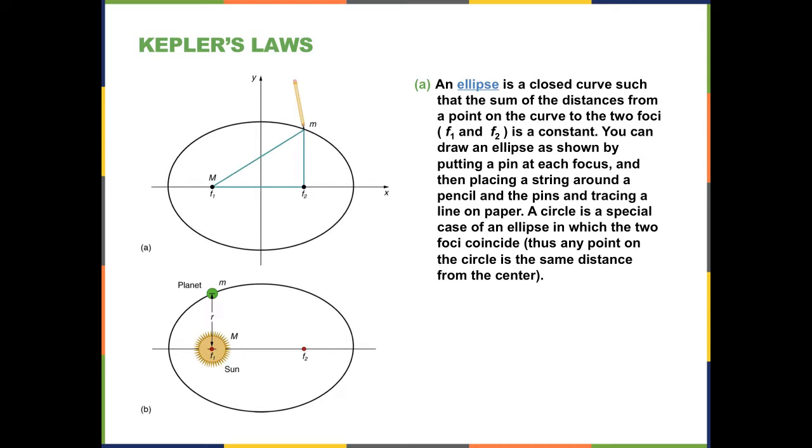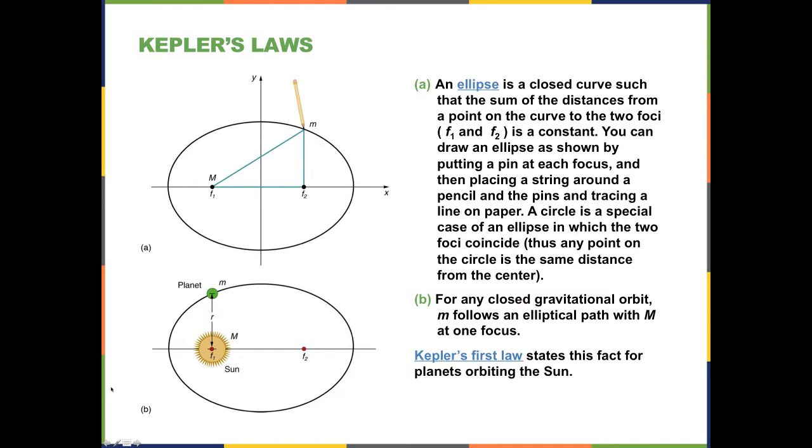So every ellipse has two foci, and those two foci are called F1 and F2. Now, in a planetary situation, F1 is where one of the two bodies is. In this case, it would be the sun. And the other is somewhere else that does not correspond to where M is.